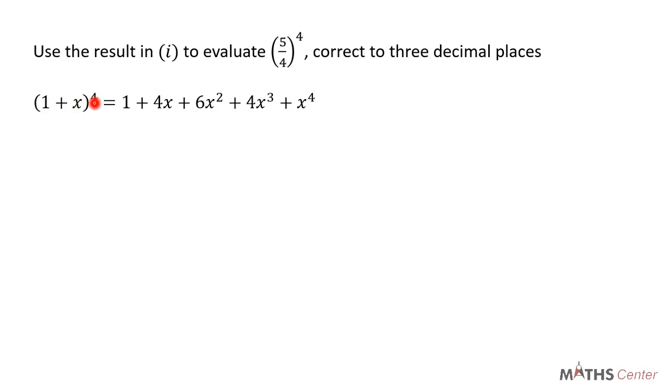x exponent 4. Now 5 divided by 4 will give us 1.25. So when you write 5 divided by 4 in decimals, we are going to have 1.25. So 5 divided by 4 exponent 4 will be equal to 1.25 exponent 4.